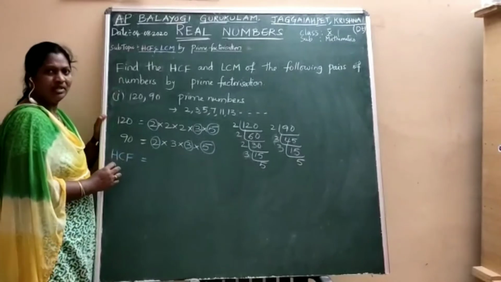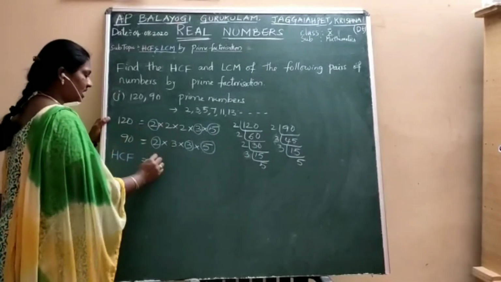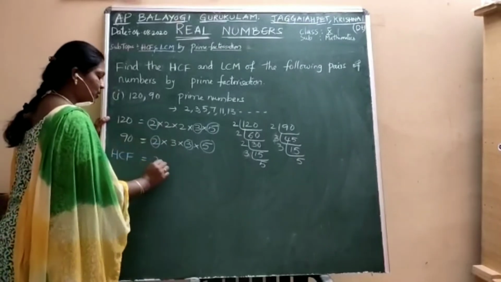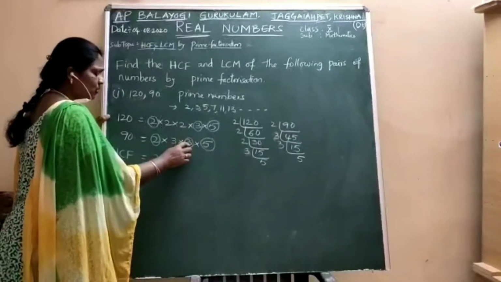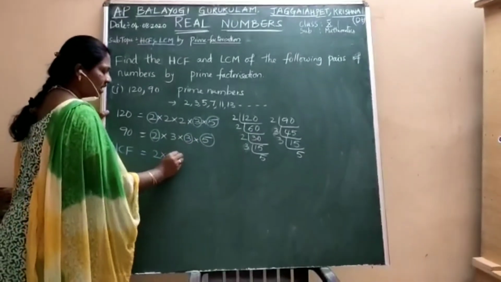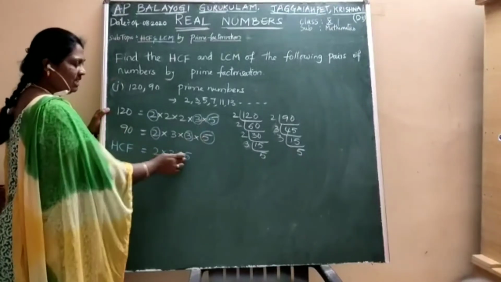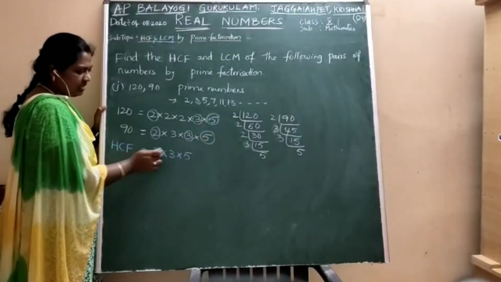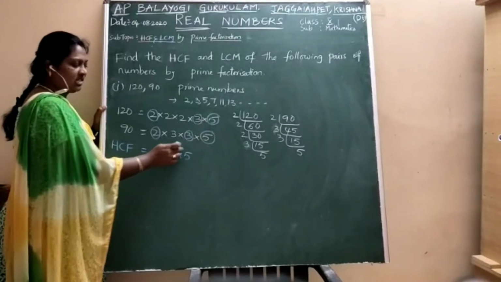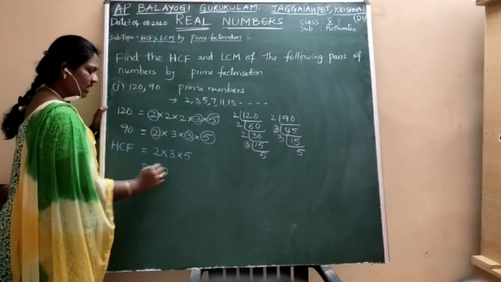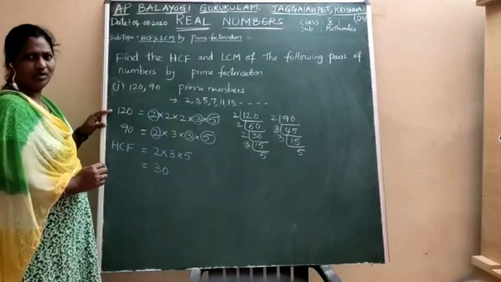So we have to write the product of these common numbers: 2 once, 3 once, and 5 once. Multiply: 2 into 3, 2 threes are 6, 6 fives are 30. So 30 is the HCF of these two numbers.